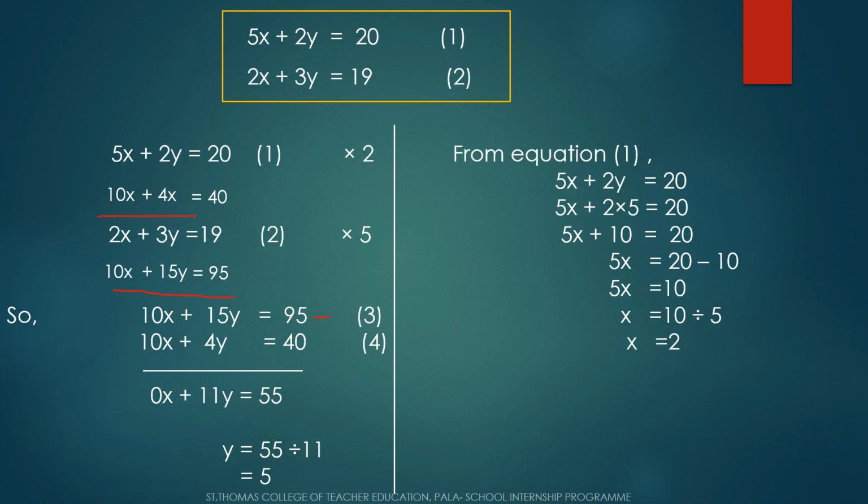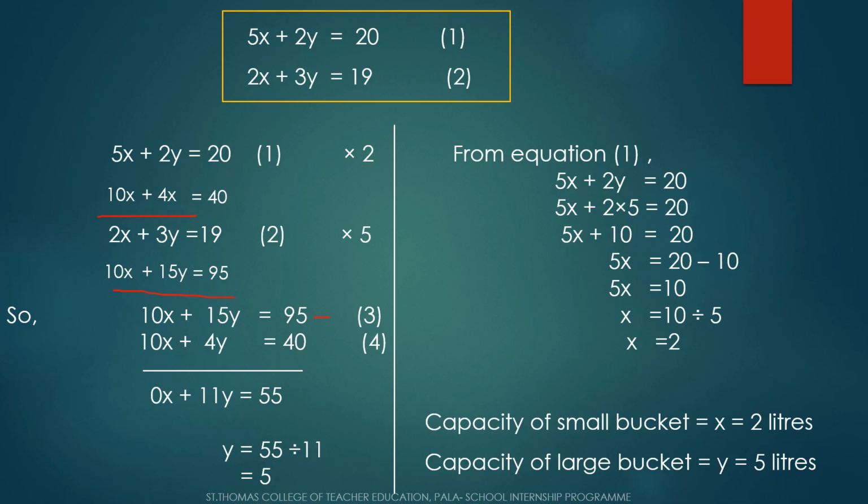And what are this x and y? Yes, the capacity of the small bucket is x and it's 2 liters. And the capacity of the large bucket is y and it's 5 liters. Or the amount of water in the small bucket is 2 liters. And the amount of water in the large bucket is 5 liters, isn't it?